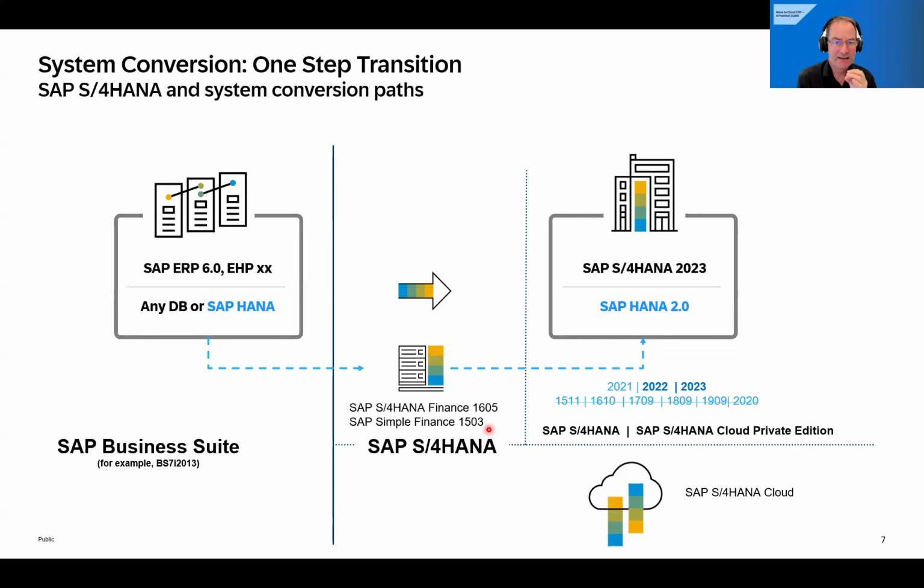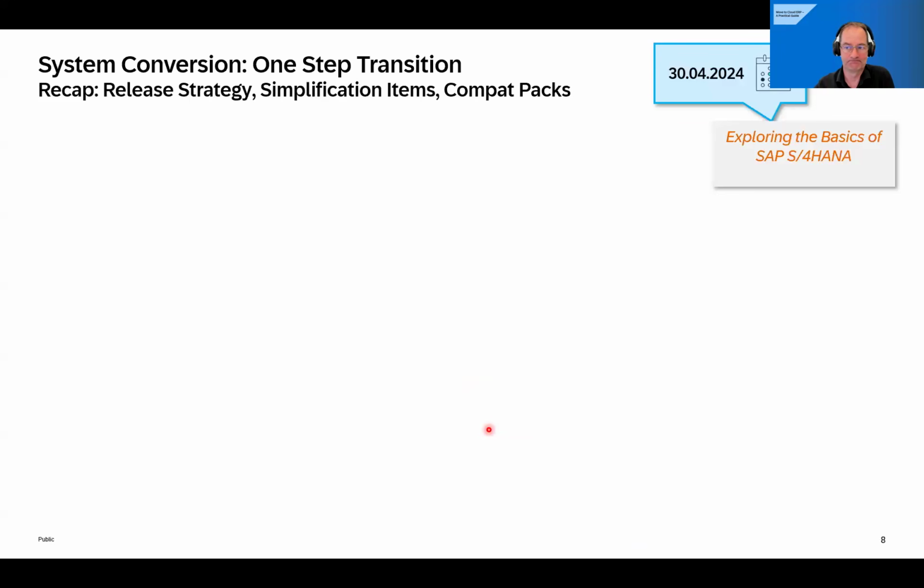On the other hand, we call this a conversion because SAP S/4HANA comes with a new data model on the database as well. There are lots of simplifications, and also on database level, we have a new data model. That means that we will have to work on the data in the transition to SAP S/4HANA. That's the other reason why we call this a conversion.